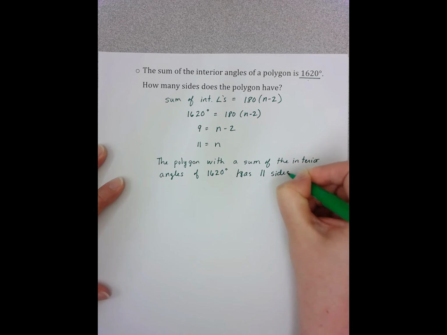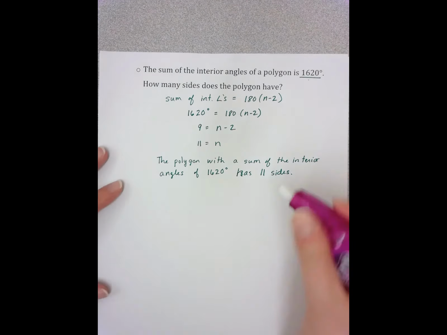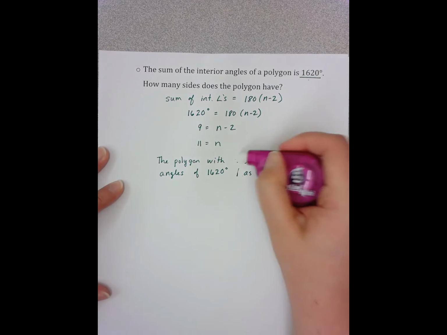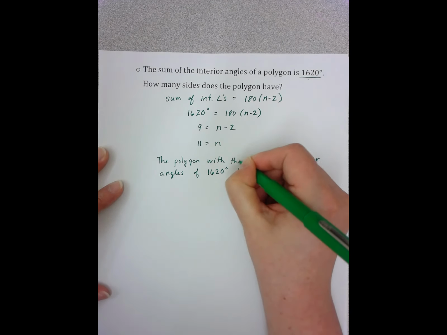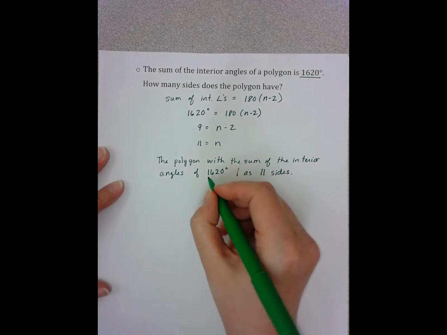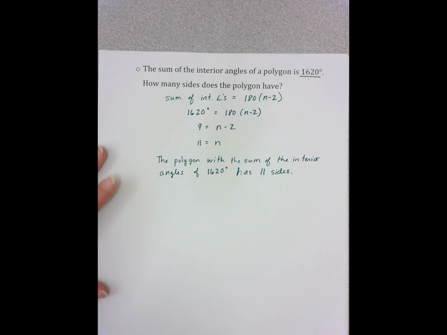And I've now answered the question, which was how many sides does a polygon, we should say not a sum, but the sum. So the polygon with the sum of the interior angles of 1620 degrees has 11 sides.